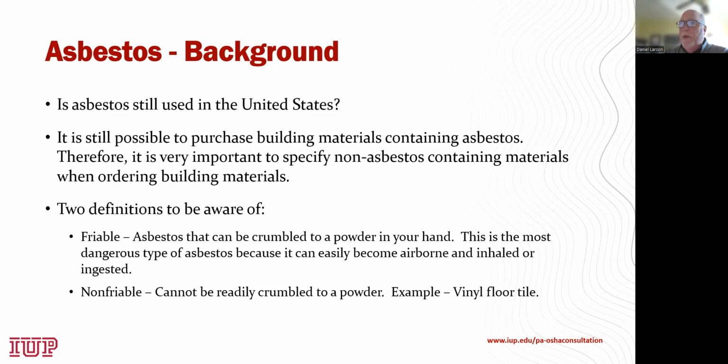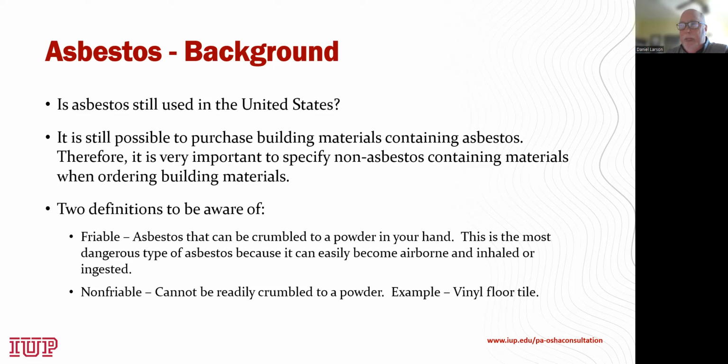There are two definitions that are pretty important when it comes to asbestos containing material. There's friable asbestos and there's non-friable asbestos. Friable is certainly considered the more hazardous, and that means the asbestos containing building material can be crumbled by hand pressure.